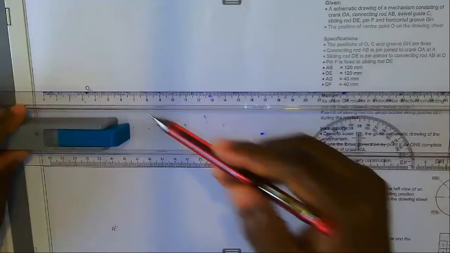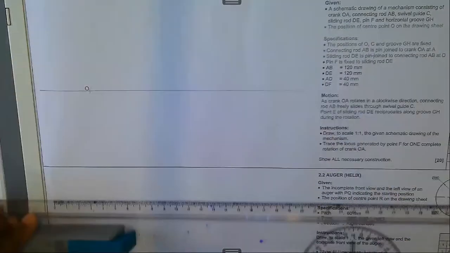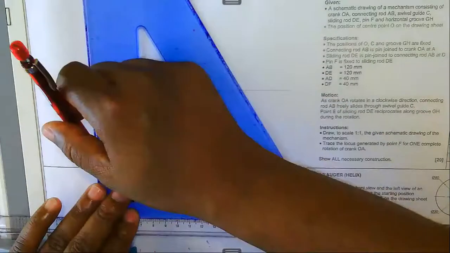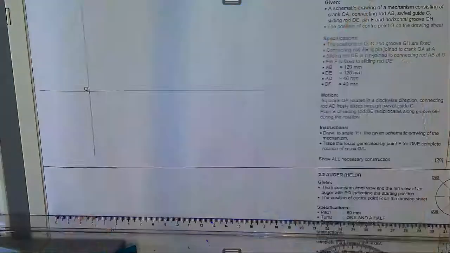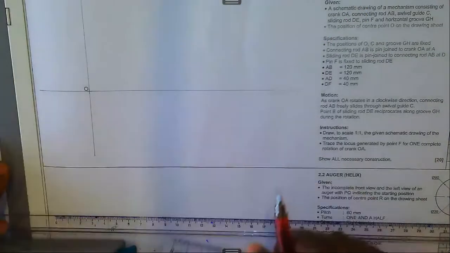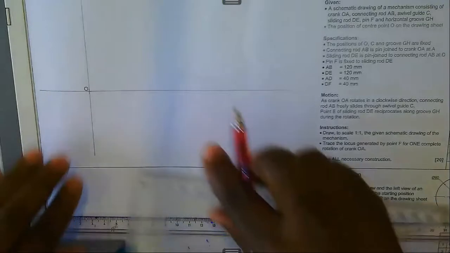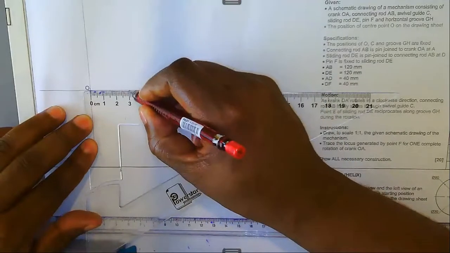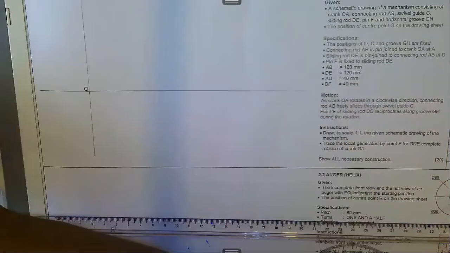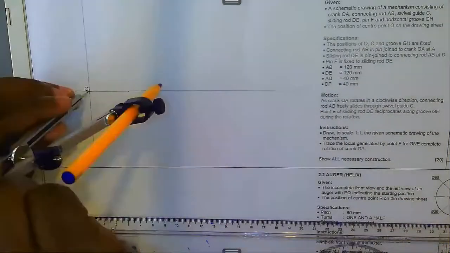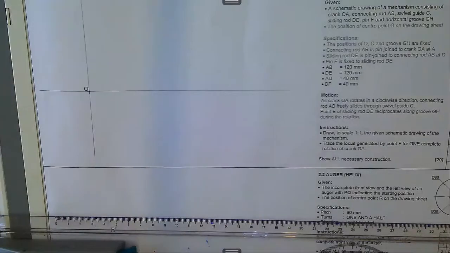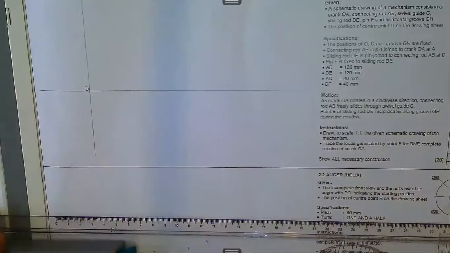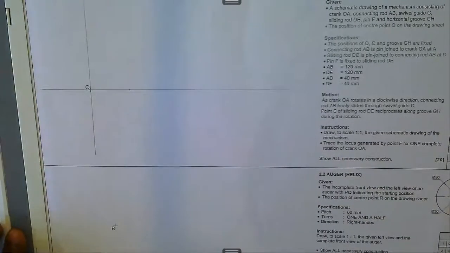Let me draw a faint horizontal line like that. Set my paper properly.